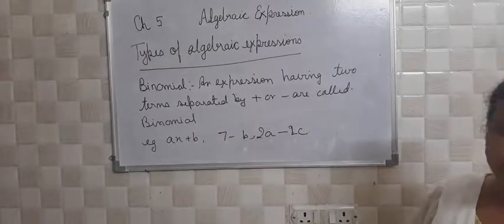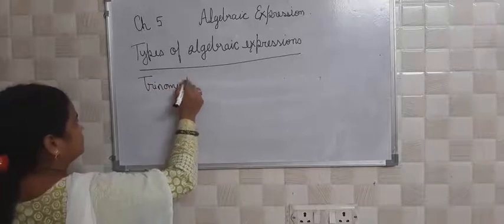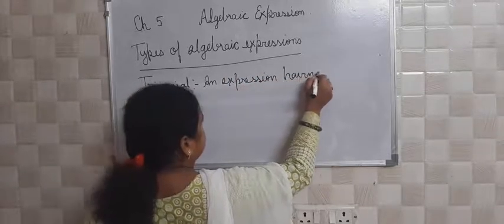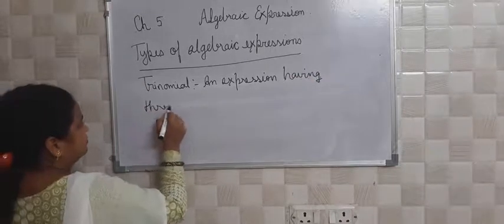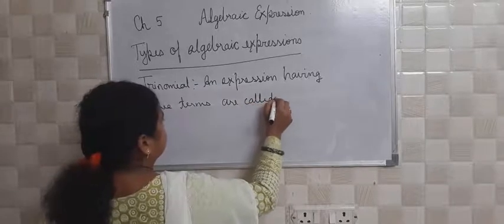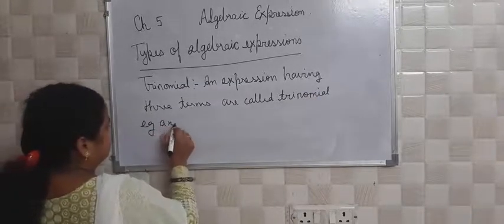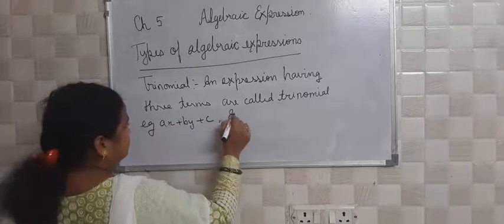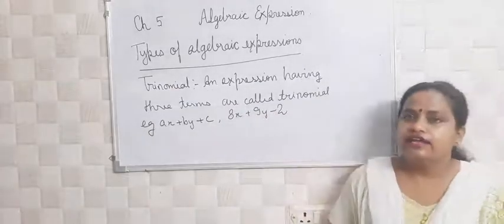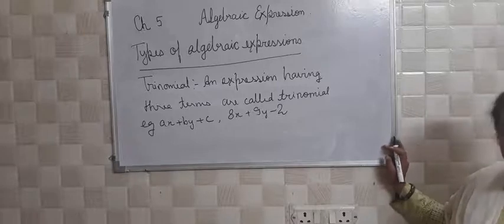Now, next is trinomial. Tri means 3. So an expression having 3 terms separated by plus or minus symbol is said to be a trinomial.